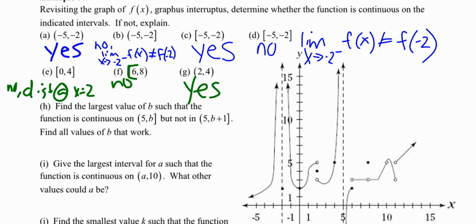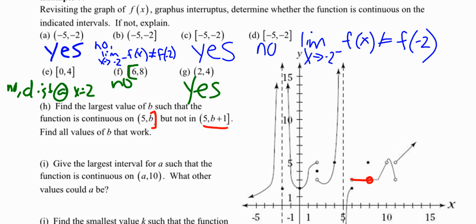Find the largest value of b such that the function is continuous on 5, not including 5, all the way to b, but not including b. All right, so we can go from 5 to, it looks like it stops being continuous right here at 6. Or at 7, but it's not including 7, so we can't have that.